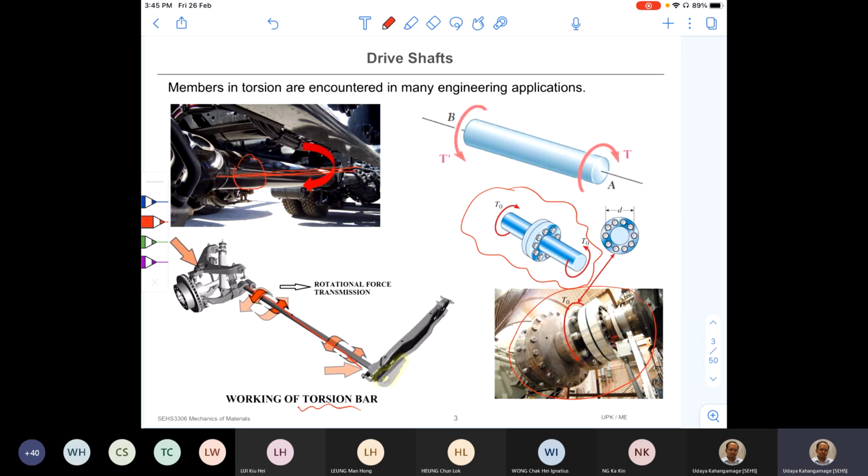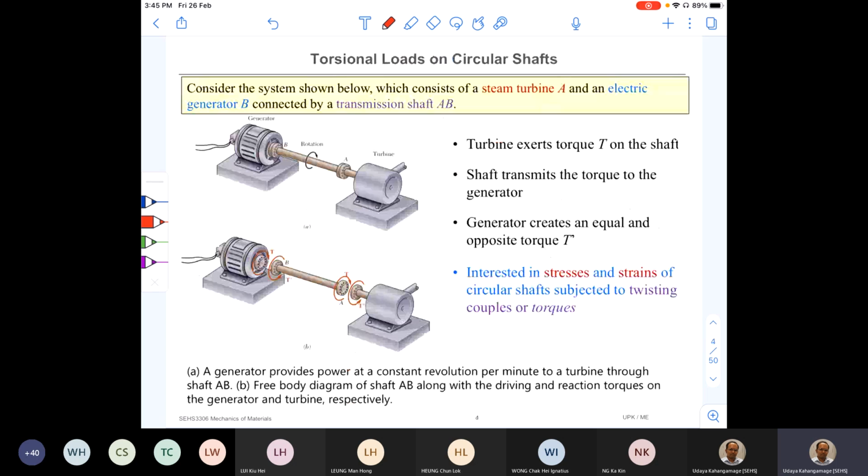So if I show you a specific example, what you see here in this diagram, there's a turbine and a generator. I'm sure that in thermodynamics, you are learning about turbines. Turbines generate power. They can be gas turbines, steam turbines, or hydraulic, that means run by water. Right?